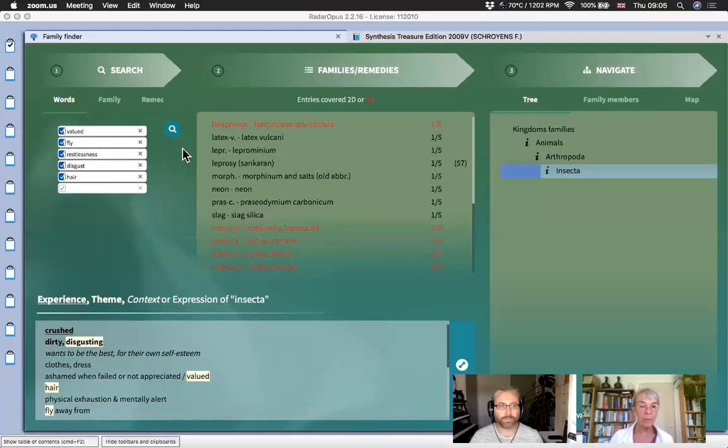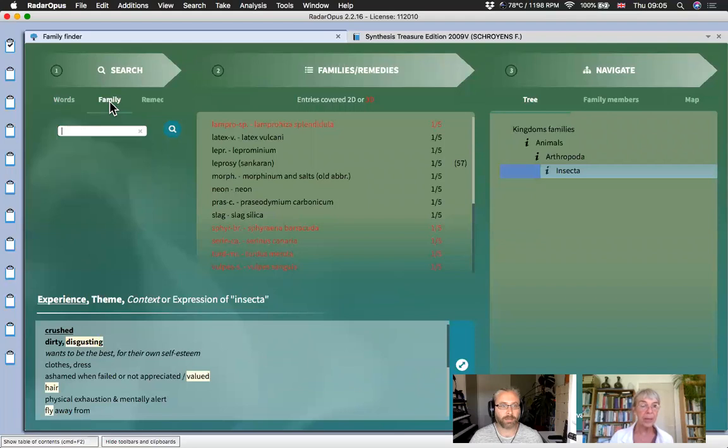And I've been using the Family Finder and studying it, and the more time you spend just playing around with it, putting in the different families. We didn't really show how to do that, but let's say you wanted to study a family or remedy, then you just go ahead and type it in here.